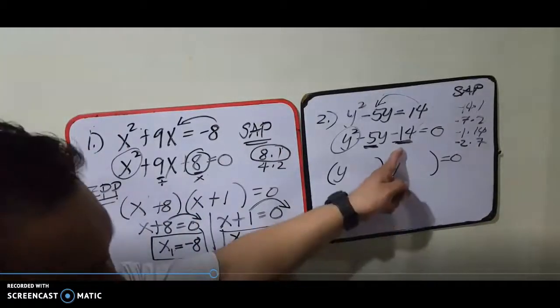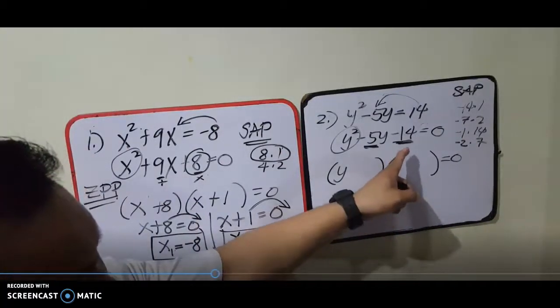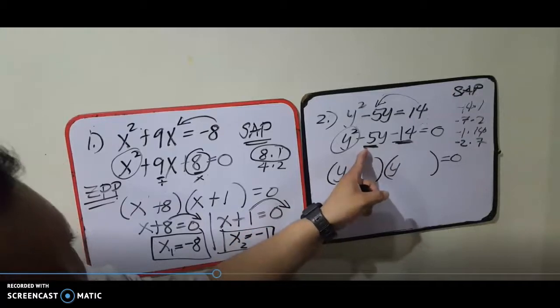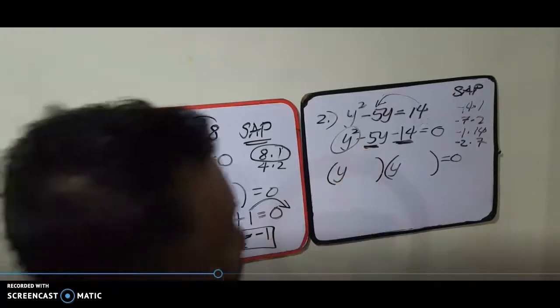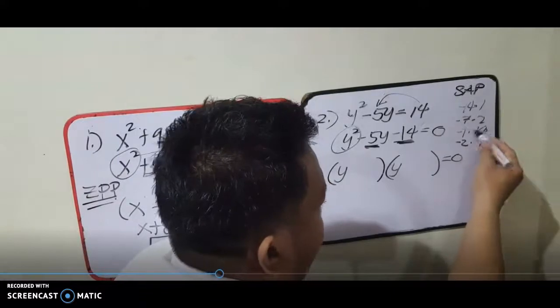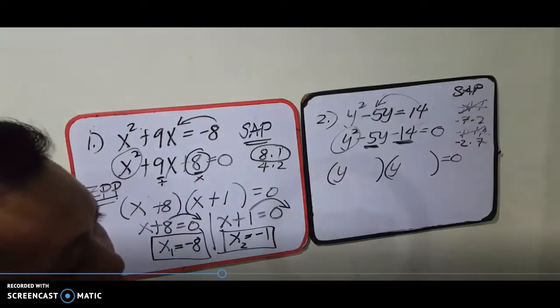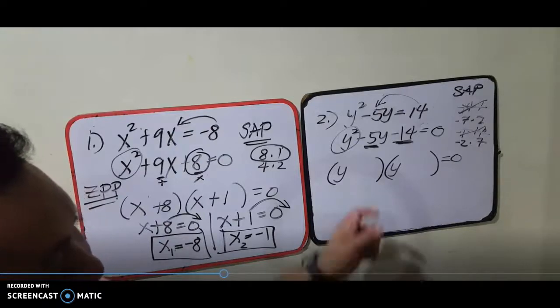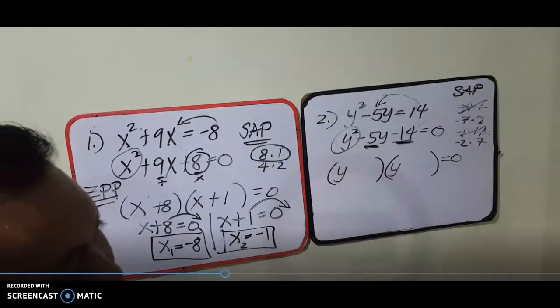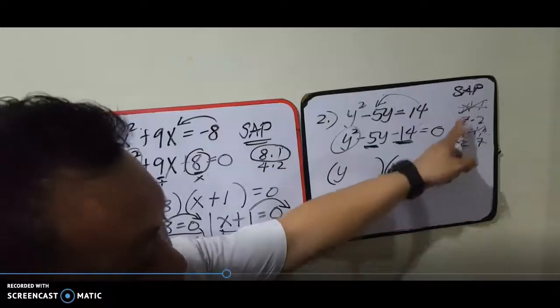But we are going to choose the right factors that when added, the sum is negative 5. So, disregard na natin itong negative 1 and 14, because obviously, when we add those, we will not come up with negative 5. So, these two will be left.